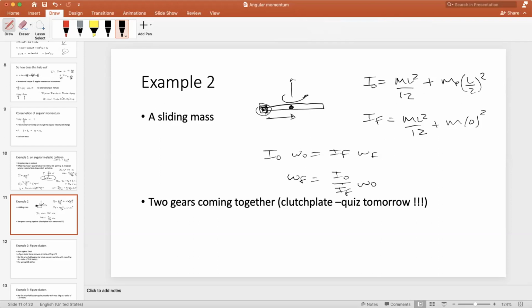I'm being dumb, sorry, that's totally true. So if I initial over I final is greater than 1, that means omega final is greater than omega initial. As this mass slid to the center, the moment of inertia decreased and omega sped up. If the moment of inertia of the system changes, then it speeds up.